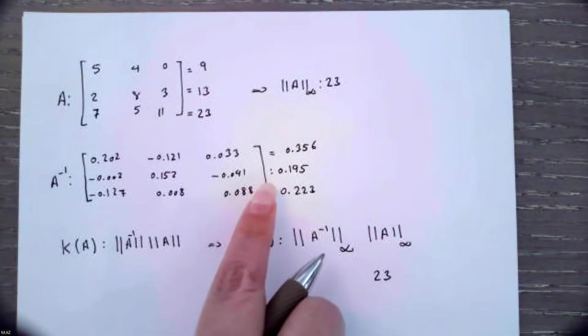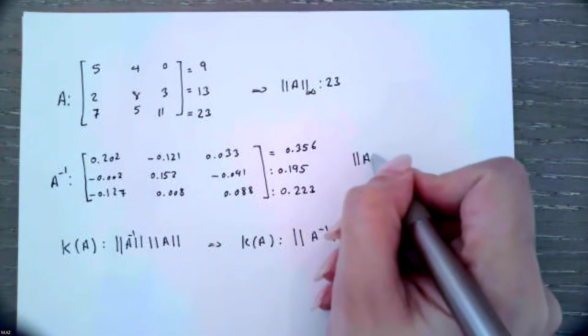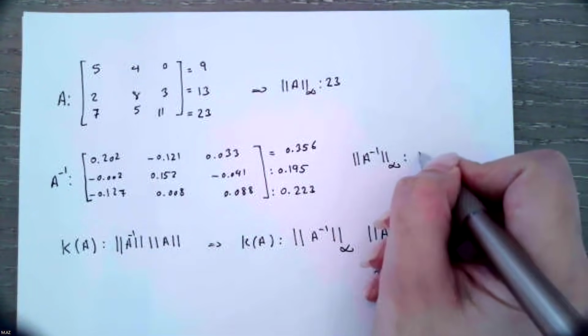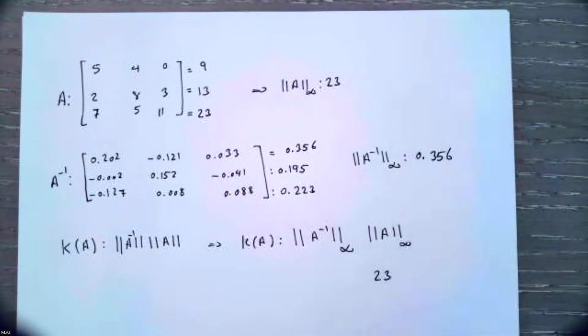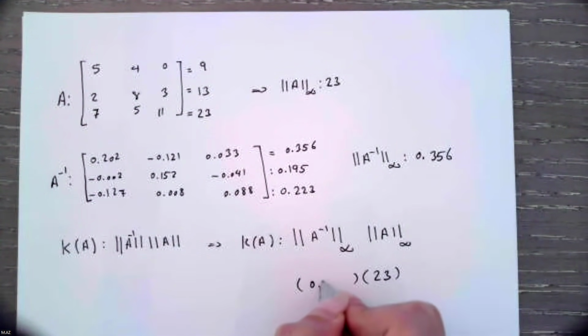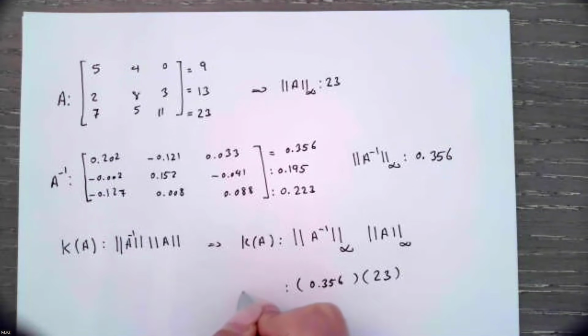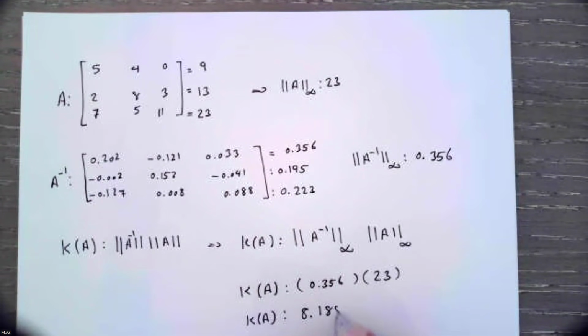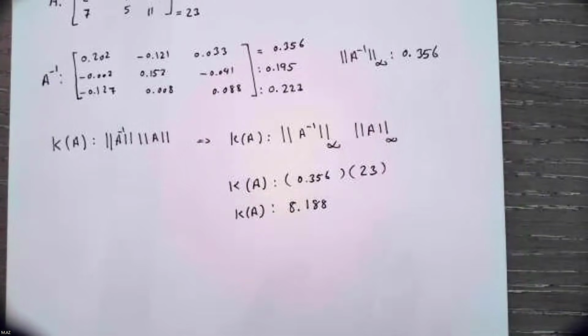The maximum value for the inverse of the matrix A based on infinity is 0.356. Now we multiply these two numbers together, and the conditioning number for matrix A based on infinity is 8.188.